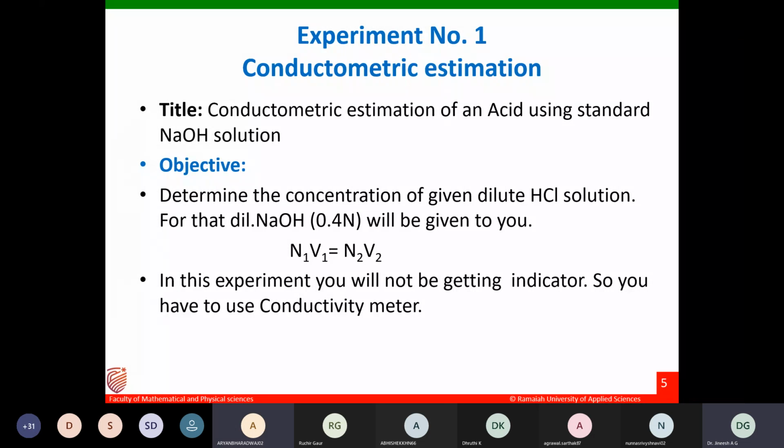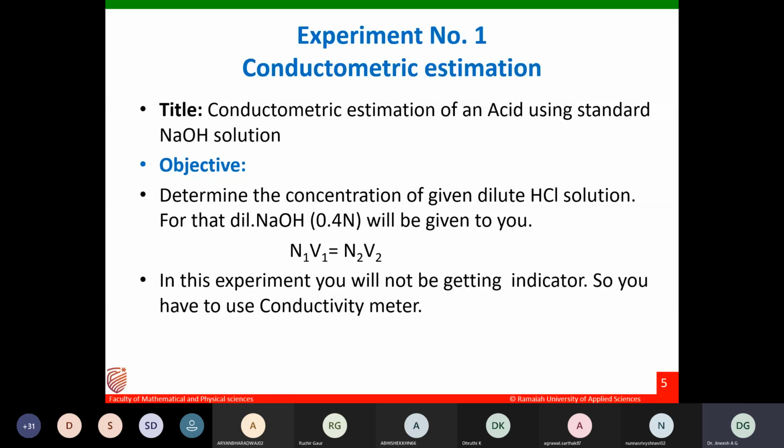Yes, sir. But at that time, you were using an indicator, which was phenolphthalein. Am I right? Yes, sir. But here, I will not be providing you any indicator. So you are not finding the concentration of an acid with the help of an indicator and checking the color change.